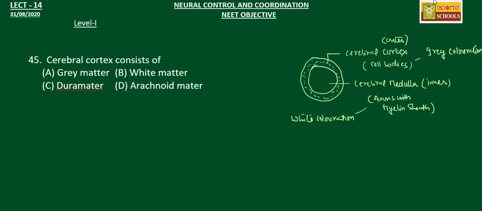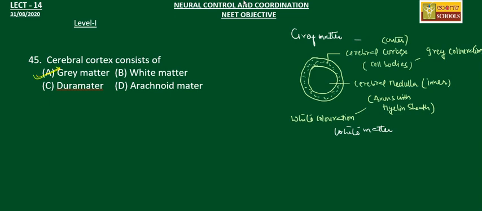So that's why we call it gray matter, whereas the inner one has white coloration, and we call it white matter. So here the right answer: cerebral cortex consists of gray matter.